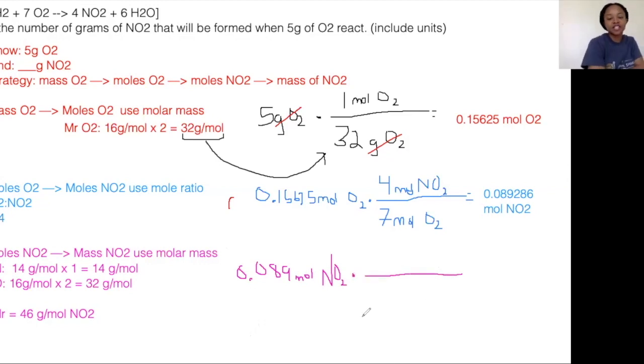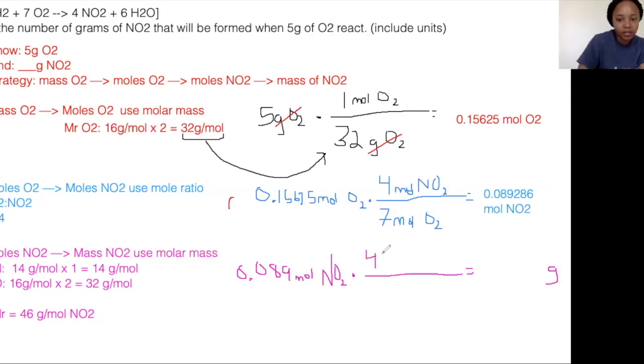We don't have enough space for me to write it, so I'm going to keep the full number in my calculator. Now what am I going to do with my molar mass? We have to make sure our units cancel. If I have moles NO2 and I'm trying to get grams, the grams go on top and moles go on the bottom.